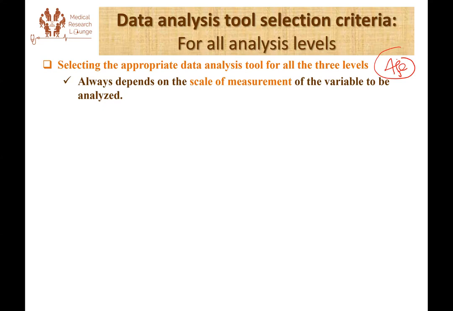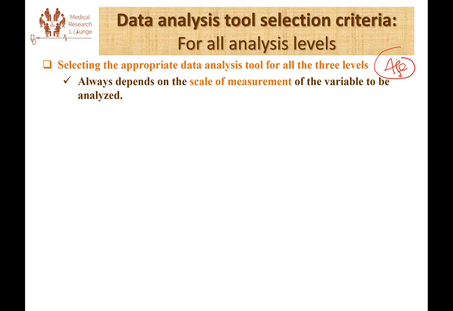If I want to do comparative analysis, the first thing is, how am I going to measure age? Is it in numbers or is it in categories? And the third thing is, if we want to do regression analysis, again, we have to decide how we are going to measure age. So without answering that question, we can't actually conduct any of the statistical analysis steps.